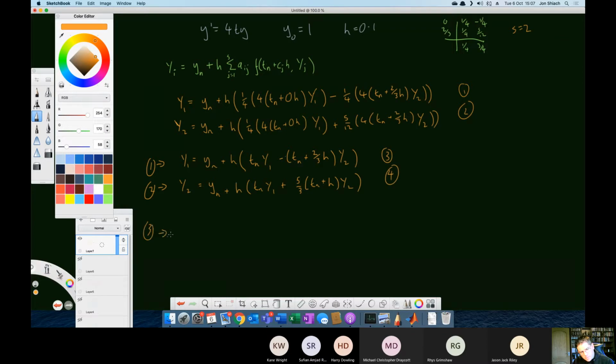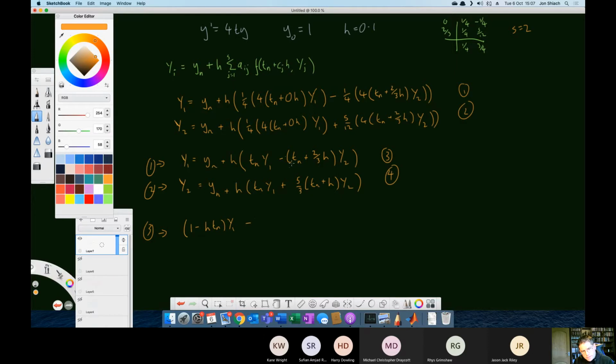For equation 3, we're going to have 1Y1, and we're going to take minus H Tn over to the left-hand side, so that's minus H Tn Y1.